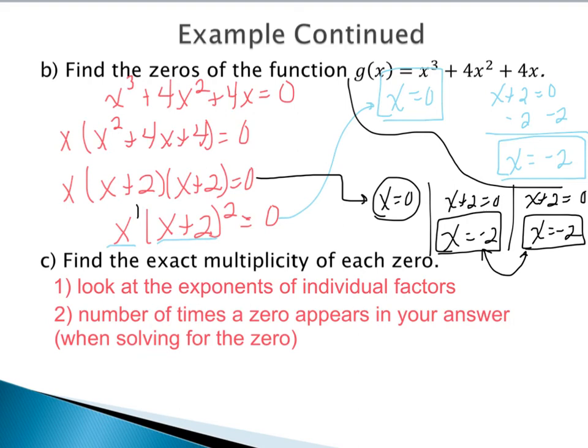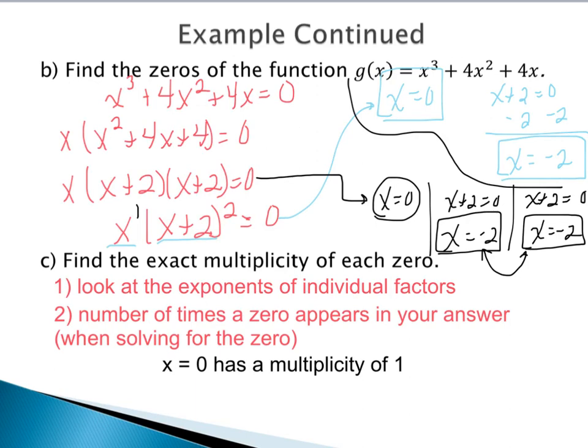So for x equals 0, we would say that it has a multiplicity of 1, because going back to our exponent, we had an x to the first, which gave us one answer of x equals 0. So x equals 0 has a multiplicity of 1. Going back to its factored form, x equals negative 2 came from the factor x plus 2, but x plus 2 had an exponent of 2.